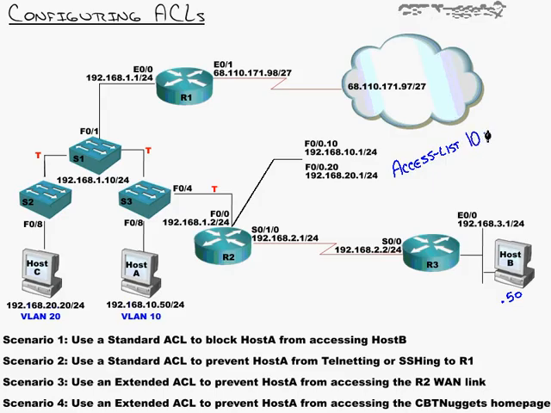It's just a number. And I'm going to say deny. Now remember, a standard access list can permit or deny based on source, only the source IP address. So I'm going to put deny host. Remember that shortcut I just showed you a moment ago? Deny host, and then I'll put the IP address, 192.168.10.50. Which is deny that host, right?